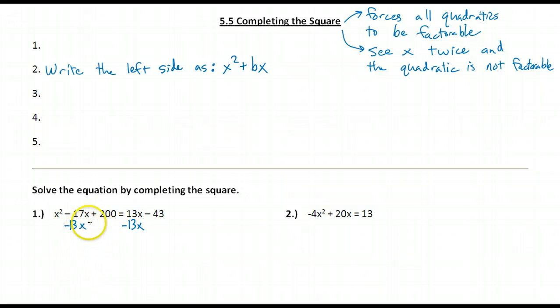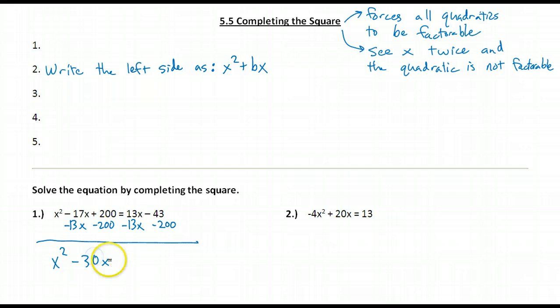And I want to get rid of this plus 20 by subtracting 20. Combine my like terms: x squared minus 30x equals negative 243.